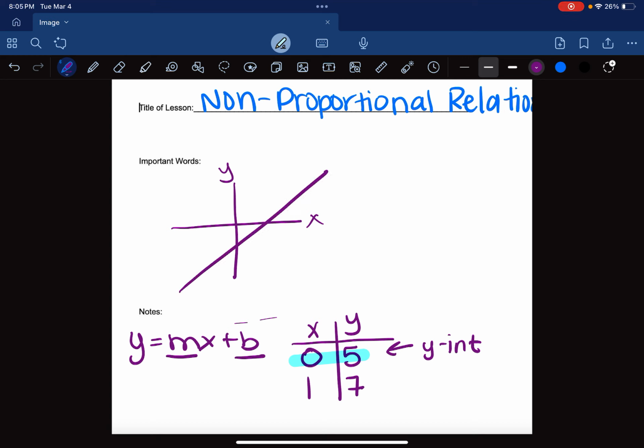But what's cool about this is that this line passes through my y-axis right here. That point right there will represent my y-intercept, or my B. So you can find your y-intercept just by looking at a graph and finding the point at where my graph intersects my y-axis.